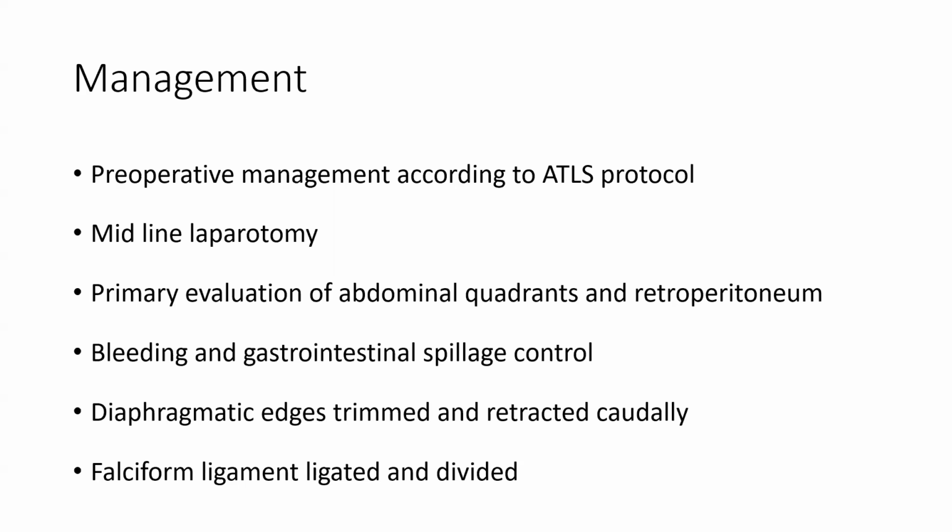Any bleeding or gastrointestinal spillage should be prioritized for control, and the diaphragmatic edges are trimmed and held with Allis clamps and retracted caudally to allow adequate exposure. The thorax should be examined entirely to ensure a bloodless clean field, and accordingly the falciform ligament should be ligated and divided.